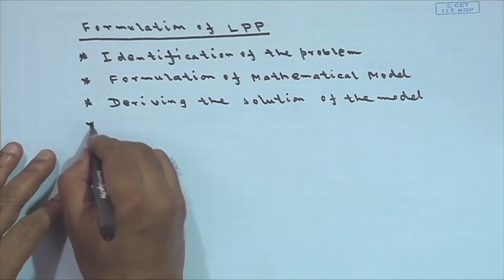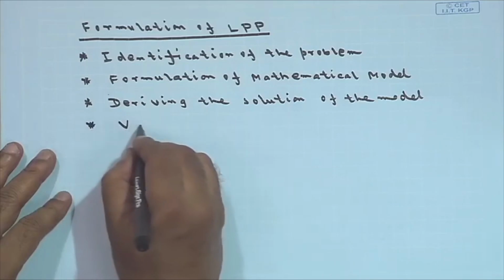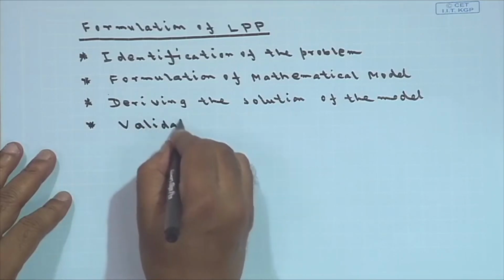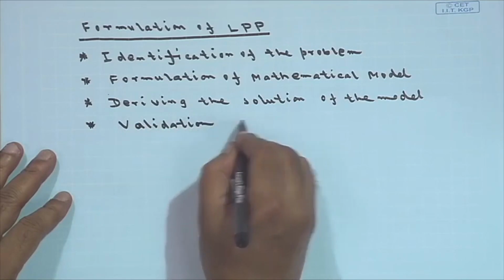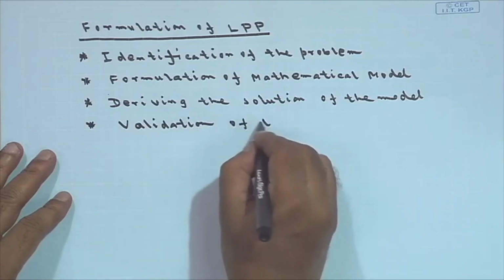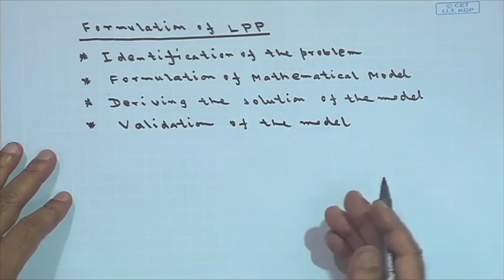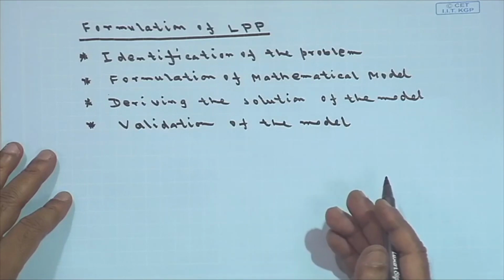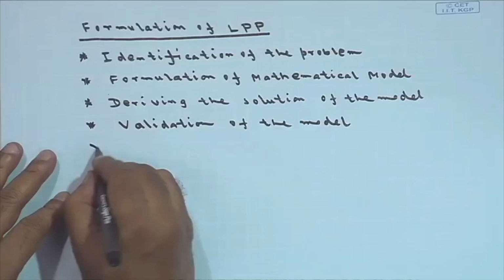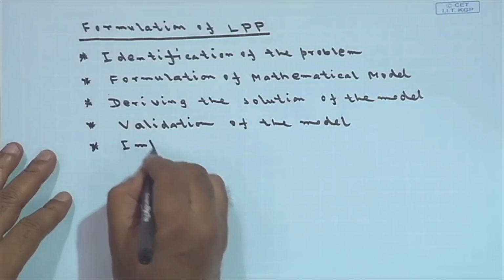And the next step is the validation of the model, which means you have to test whether the model is giving proper results or not. If required, you have to improve it and improve your technique so that you can obtain a better result. So, the next part is validation, and the last part will be implementation.